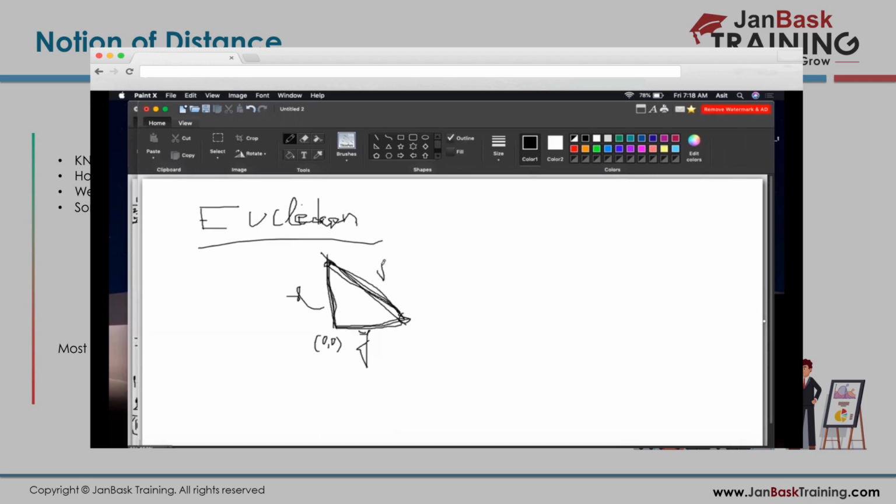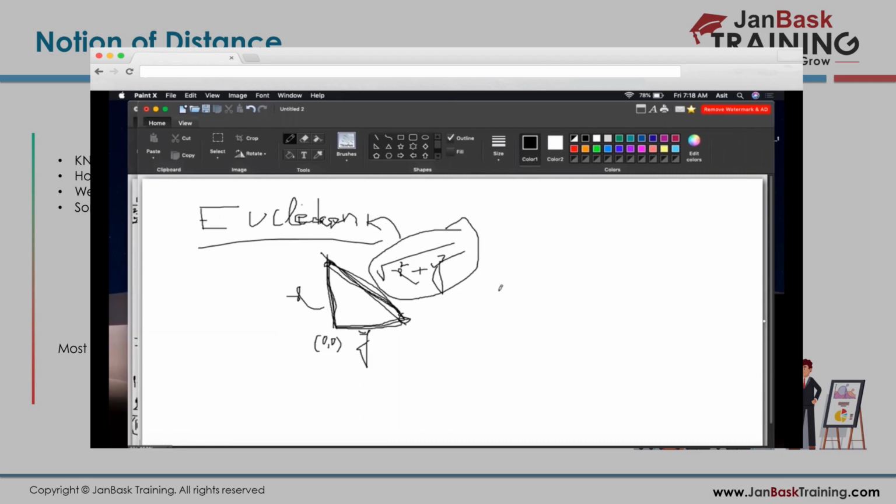So it is root over x square plus y square. It's called the Pythagoras theorem, if you remember from our studies. This is the diagonal distance, root over x square plus y square. It's nothing but the Euclidean distance.